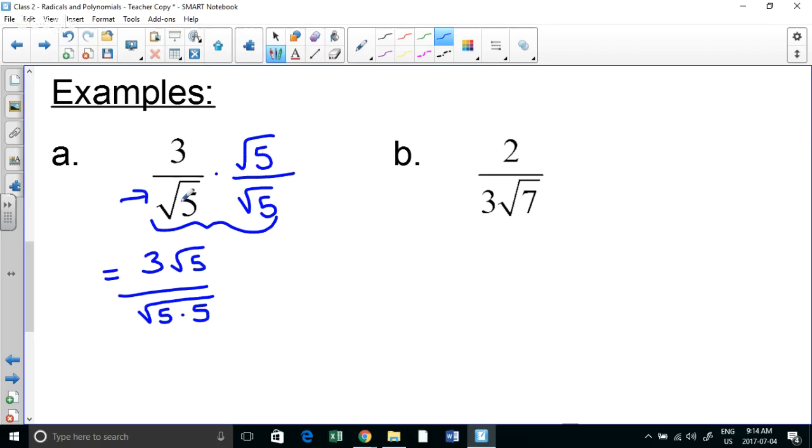Here we have, because we have a product, we can put them together, which gives me 5 times 5 underneath one root. We were just working with the idea that if I have a pair of a number under the root, I can take it out as a single root. So if you type this in your calculator, root of 5 times root of 5, it's going to be 5.